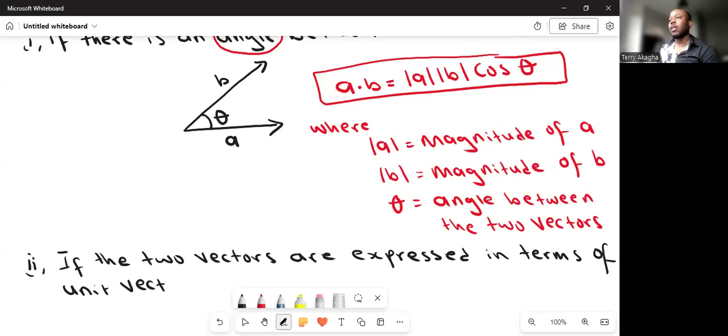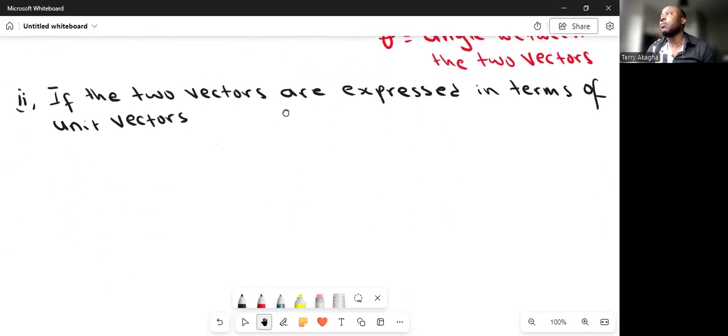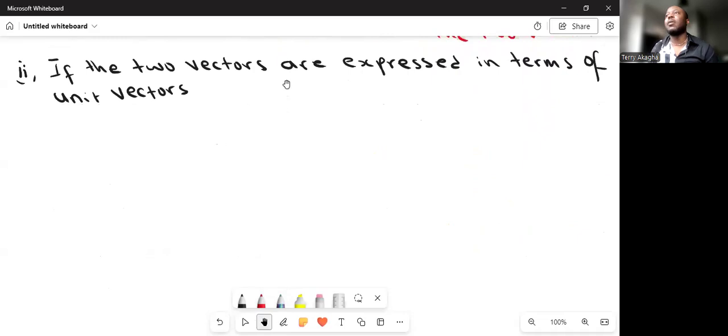Remember I told you earlier for unit vectors, the i represents the x component, the j represents the y component, and the k represents the z component, right? So now, if you're having this, that means you're having the same thing.